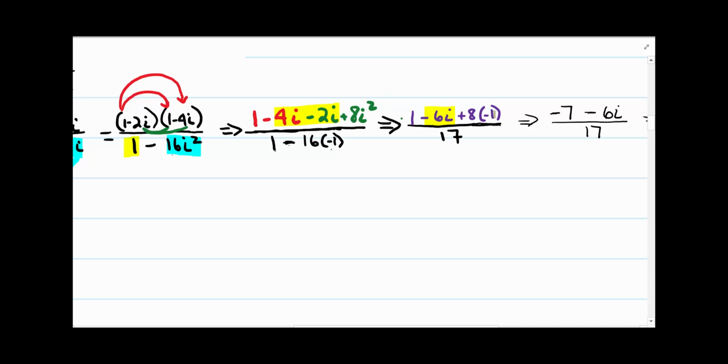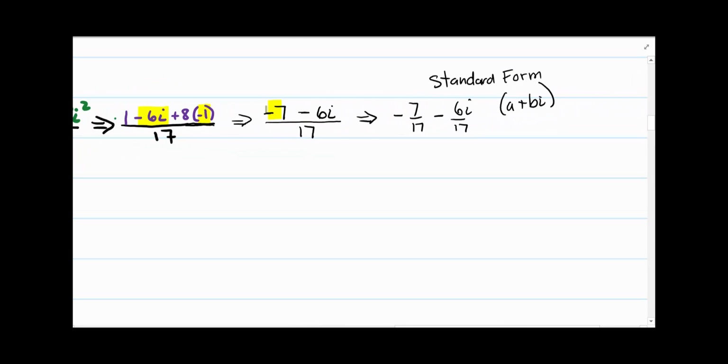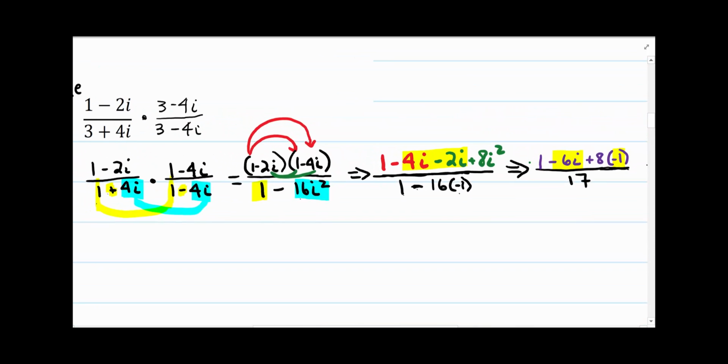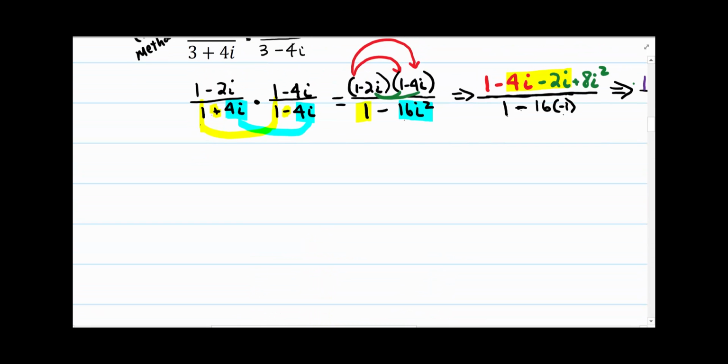Well, i squared simplifies to negative 1. 8 times negative 1 is negative 8, plus 1 is negative 7. So it simplifies to this, but if we want to write it in standard form, we go ahead and break it out. Remember, when two things have the same denominator, it can be rewritten as two separate fractions, and that would be in standard form. And I think that is it for this one.